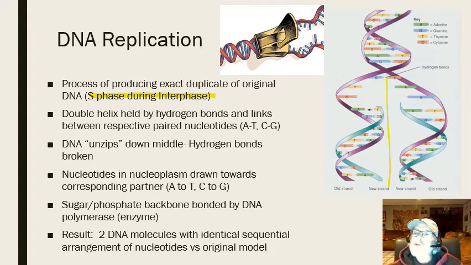It breaks the hydrogen bonds between those, all those little dots in there. Those are little hydrogen bonds. It breaks those hydrogen bonds, and it unzips it. So what happens is the two strands become one coiled strand. But I know on that one coiled strand, I still have those nitrogenous bases.